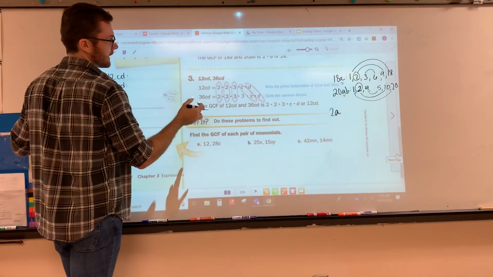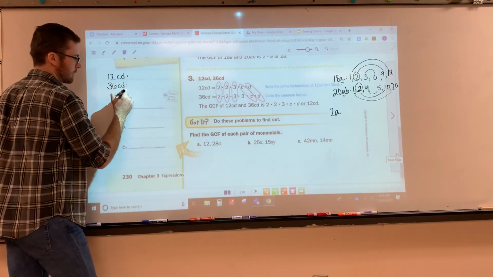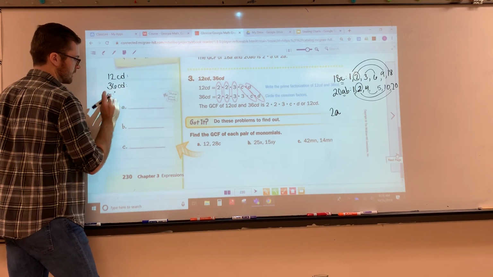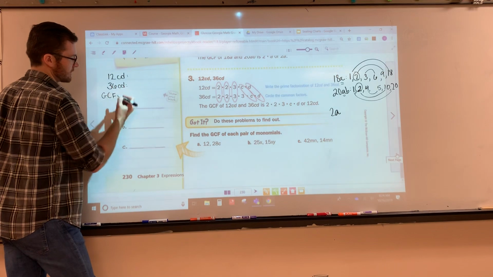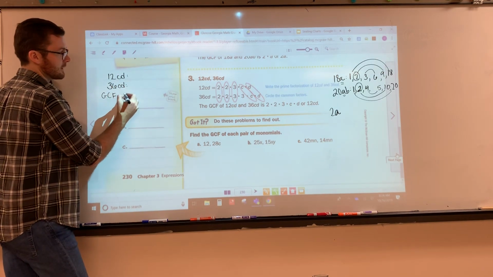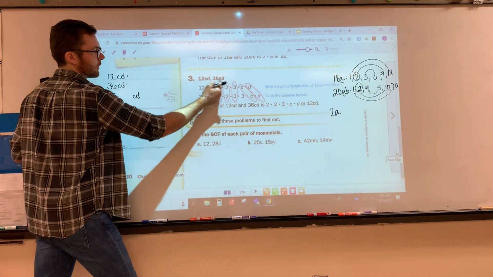Well, I immediately see that they have both of the variables in common. So I'm going to say my greatest common factor is c and d, because they both have c and they both have d.